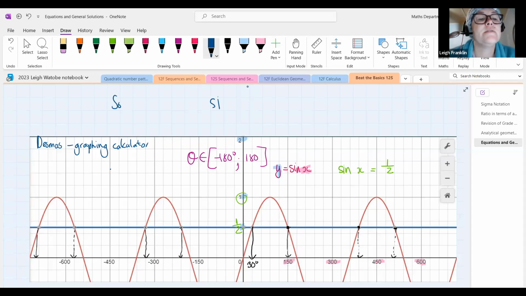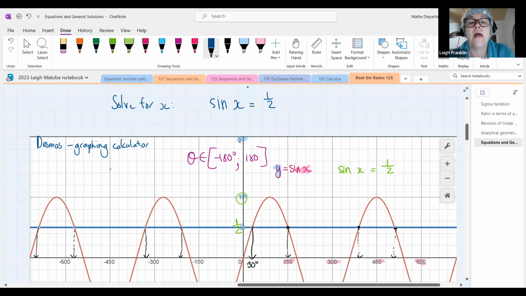Let's solve for x. Here I'm making it very simple. Sine x equals a half. Now I'm telling you that angle x is an element from minus 450 to 300.